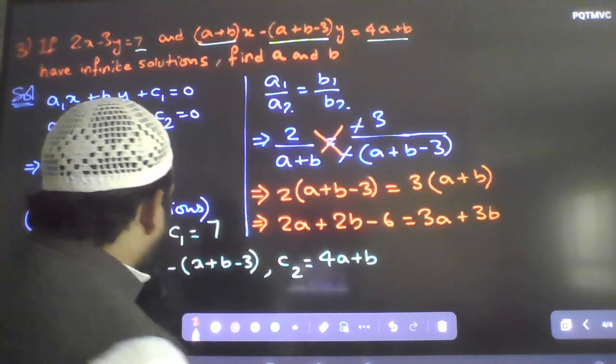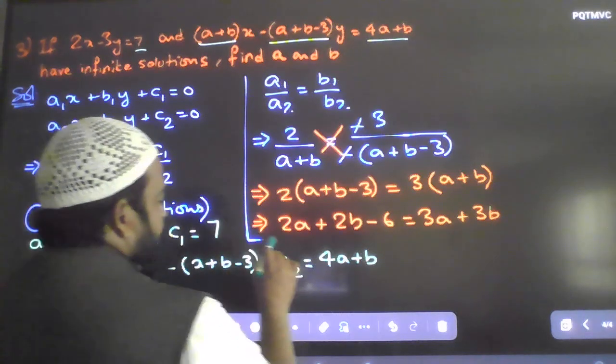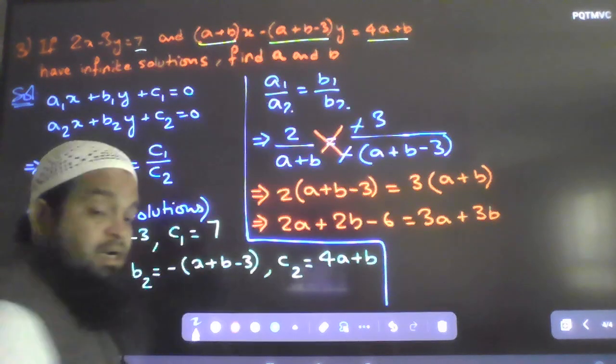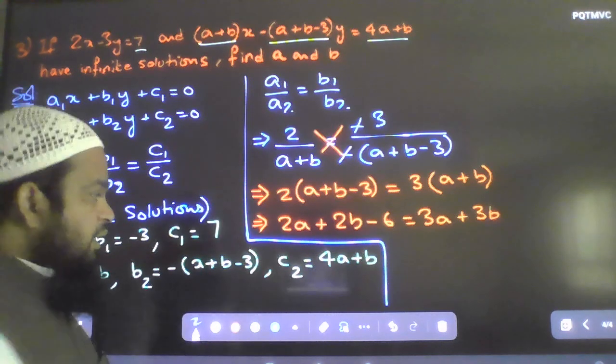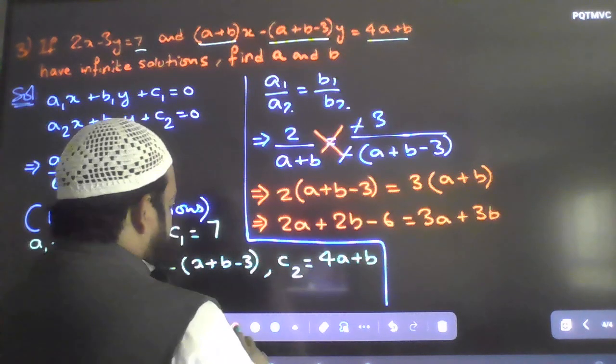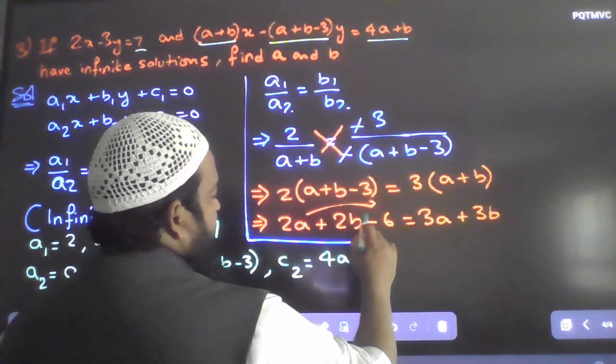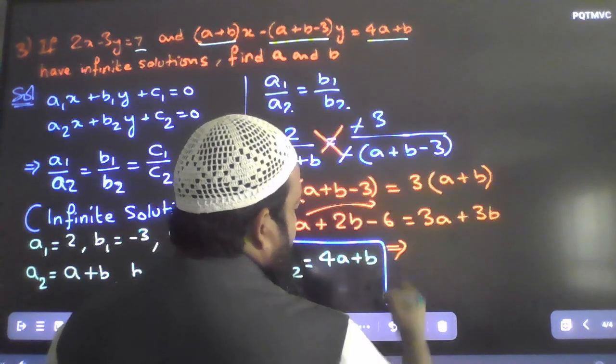Students, I have told you whenever you have variables on both sides, transpose the variables which have the lower coefficient. So here this is the lower coefficient. So let me transpose everything from the left hand side to the right hand side.